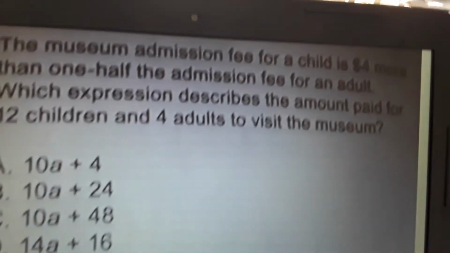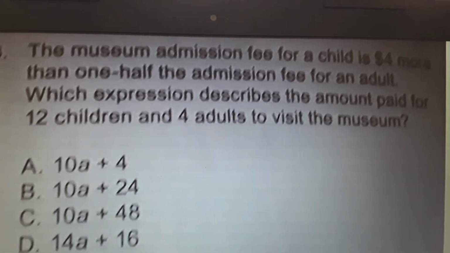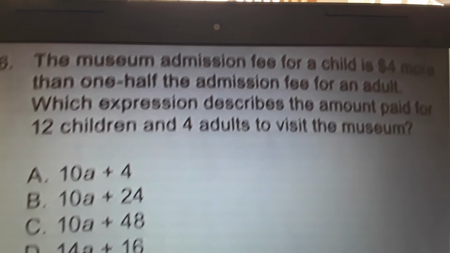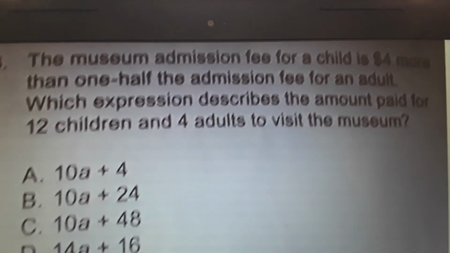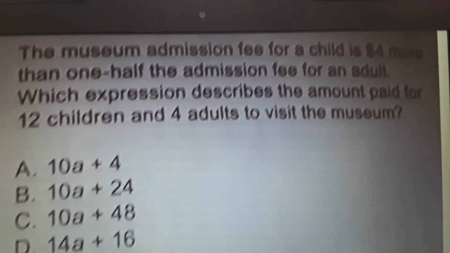Here we go. Let's try another one. Number 6. The museum admission fee for a child is 4 more than 1/2 the admission fee for an adult. Which expression describes the amount paid for 12 children and 4 adults to visit the museum? All right, again, important pieces.